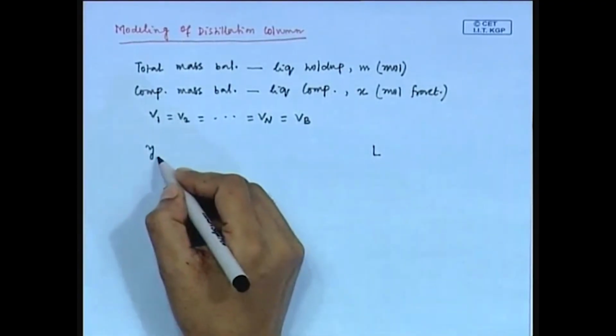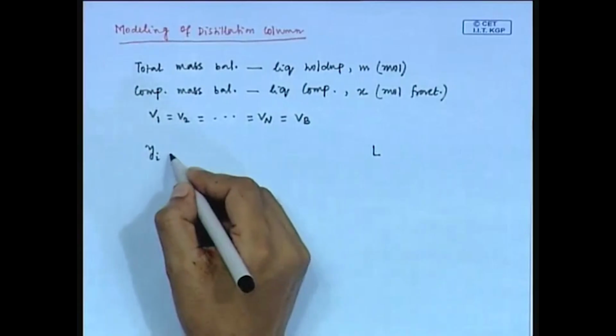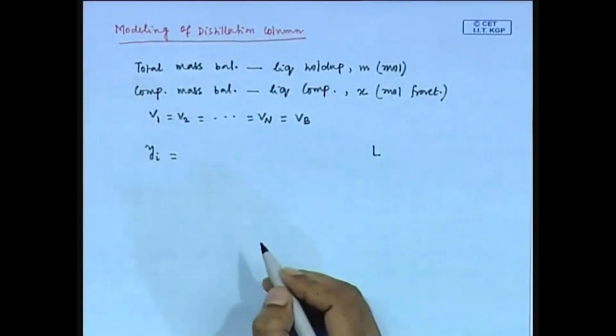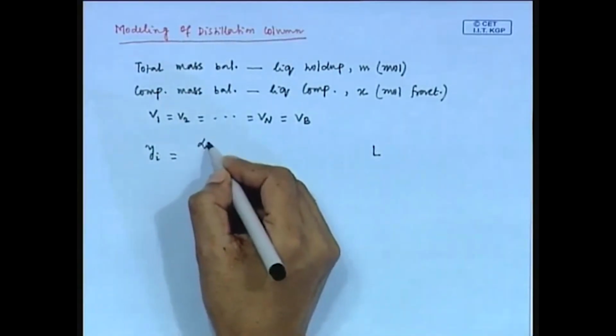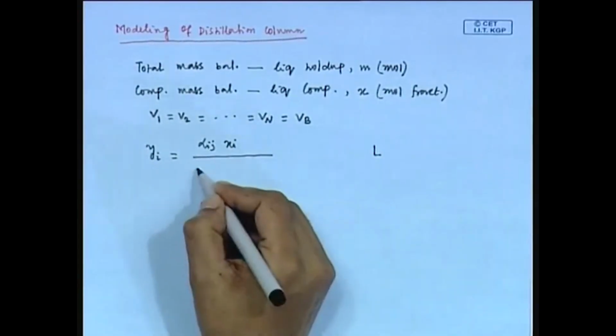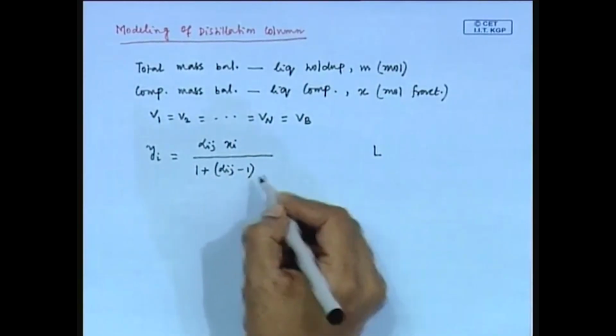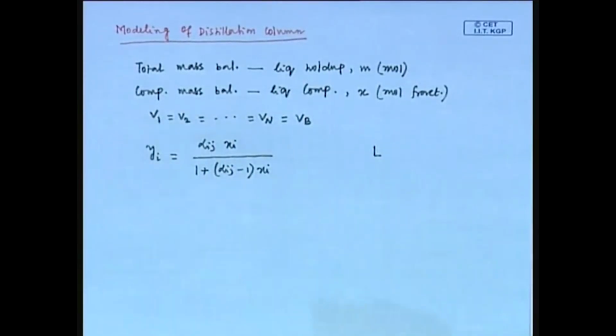We have discussed the calculation procedure of vapor composition of any component i, that is yi equals alpha ij xi divided by 1 plus alpha ij minus 1 into xi.